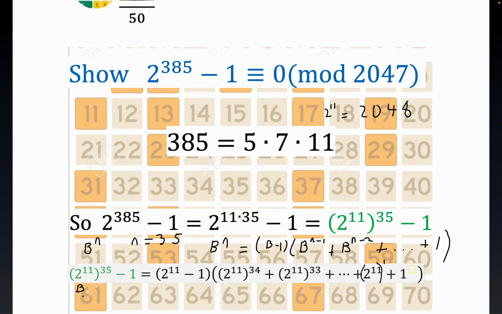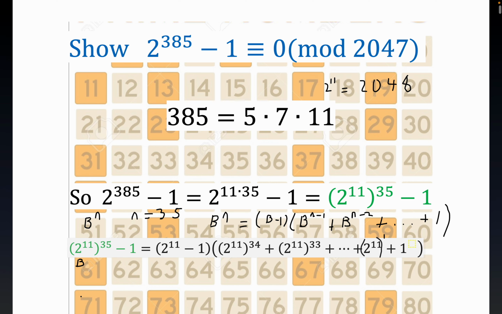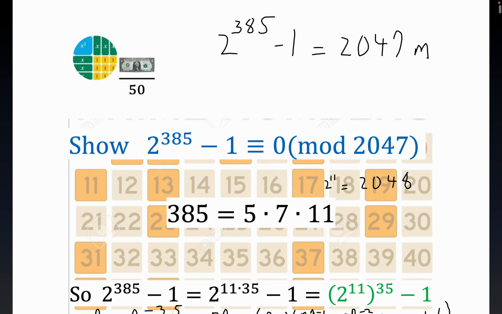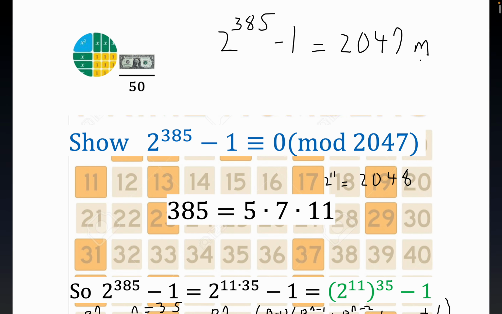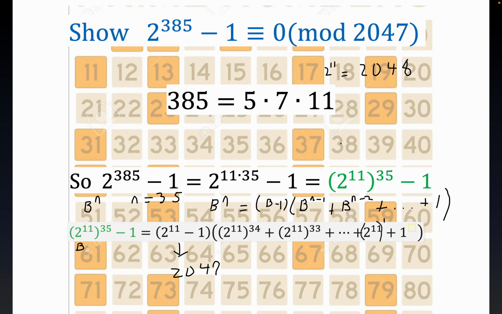You just have to be cautious of what you're calling your b. Notice that 2 to the 11th minus 1 is 2047, and so we did write our original expression as a multiple. What we called m right here is this whole parenthetical object.